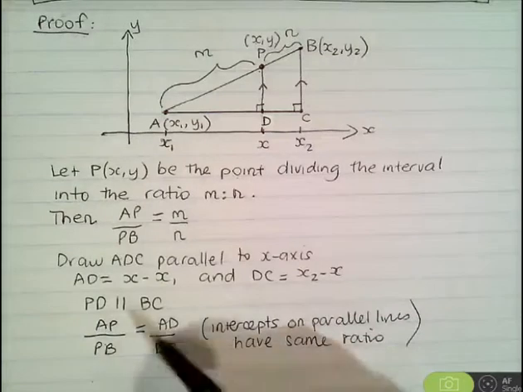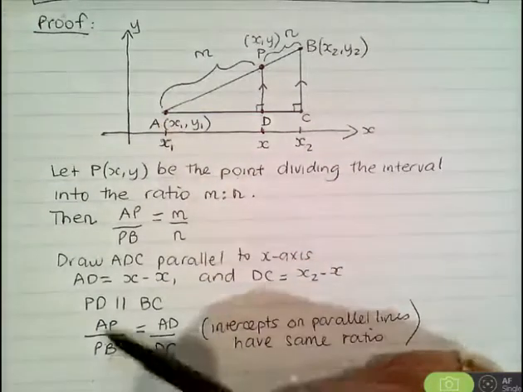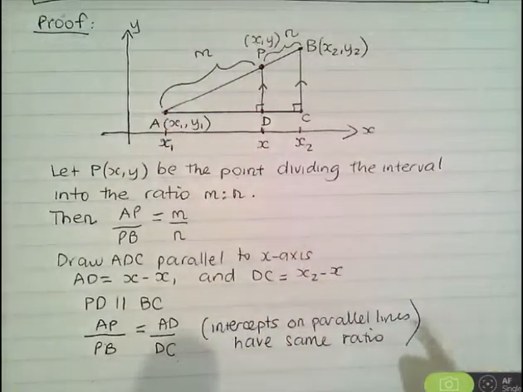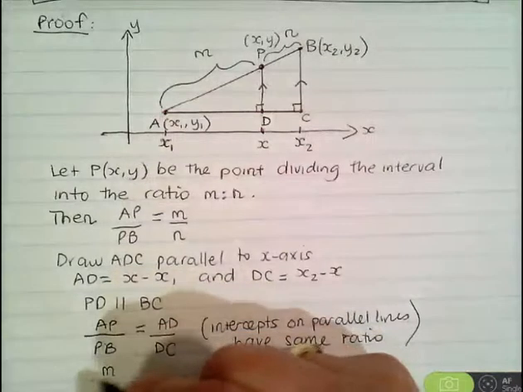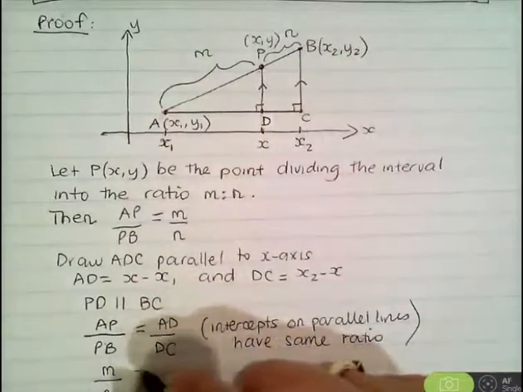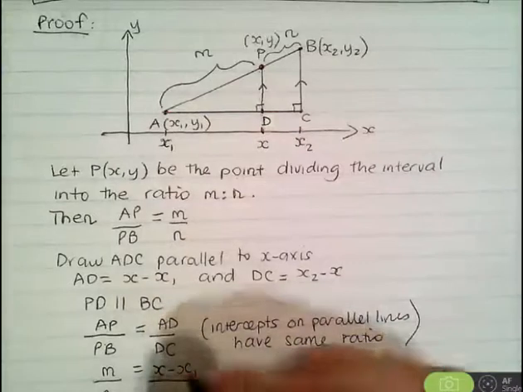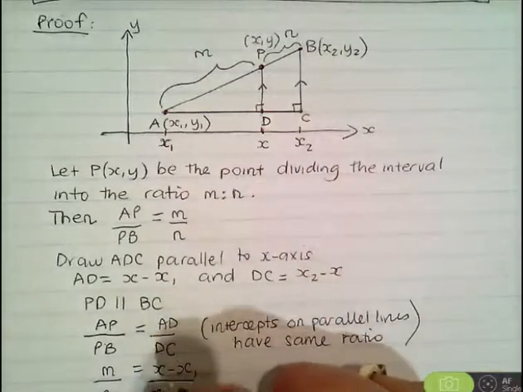Okay, now we know that AP over PB equals AD over DC. Now we're going to substitute in whatever values we've got there. Now we know that AP is m and PB is n, and it equals AD, which is x minus x1, and DC we said was x2 minus x1.